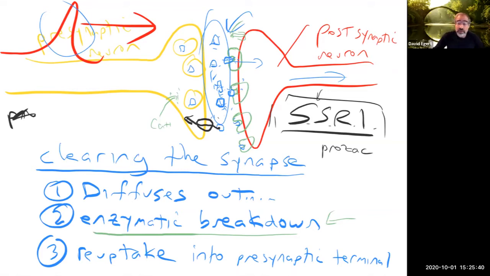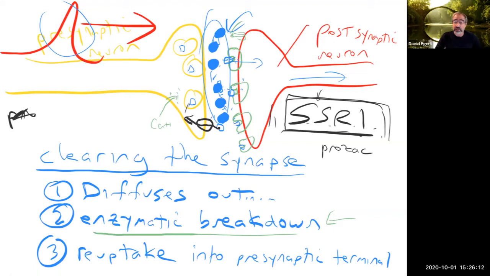A lot of the more modern antidepressants act by blocking the reuptake of serotonin. So in that case, you have your release of serotonin into the synapse, and normally it would just get vacuumed back up after it's been released.